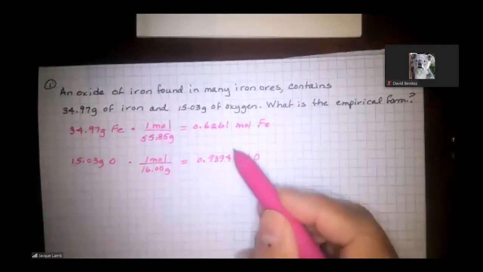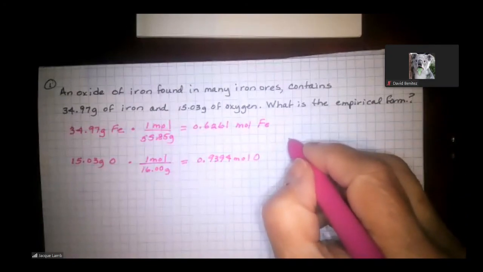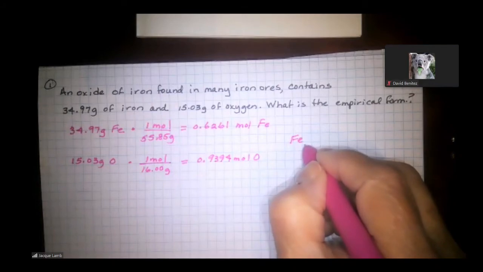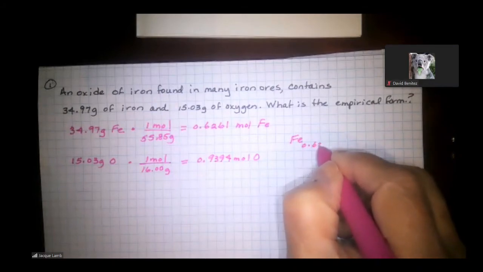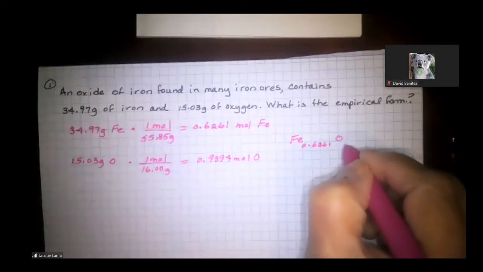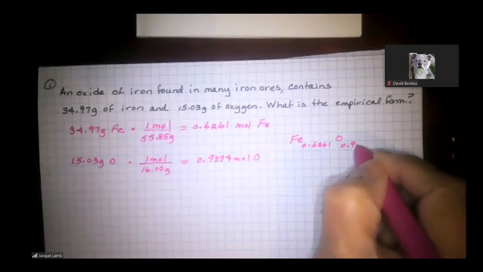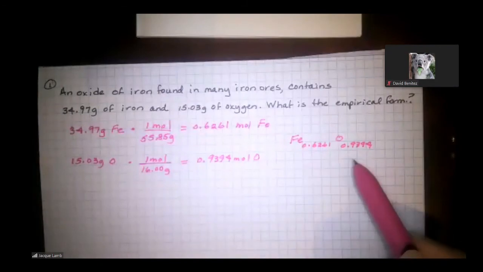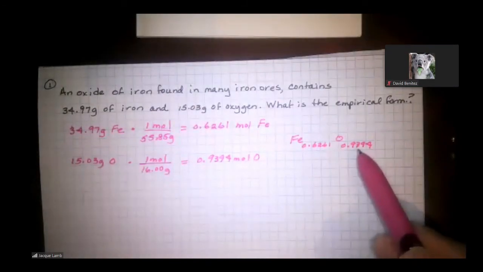Now, I look at those 2 numbers, and this is the formula that I get from that: Fe 0.6261, O 0.9394. That obviously can't be my molecular formula because I can't have fractional atoms.